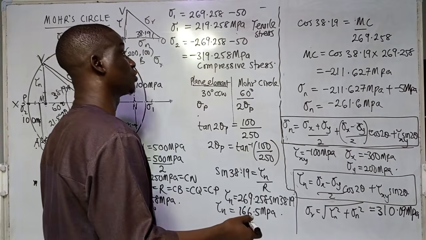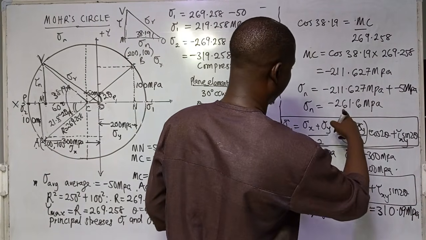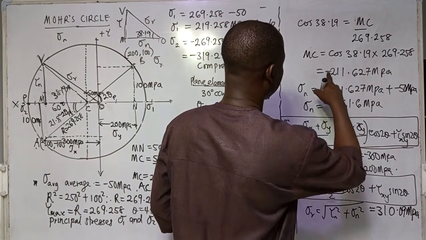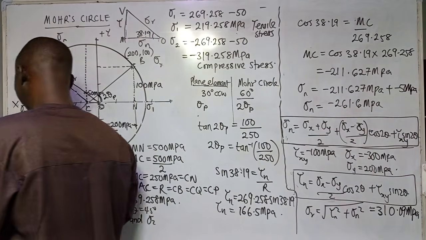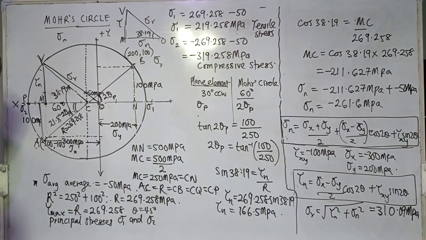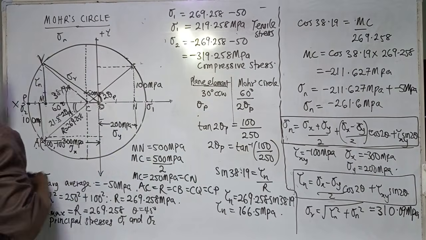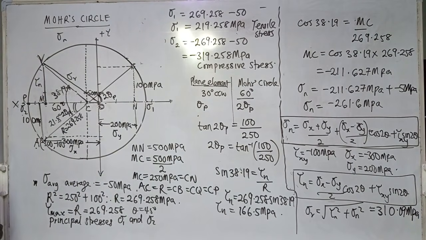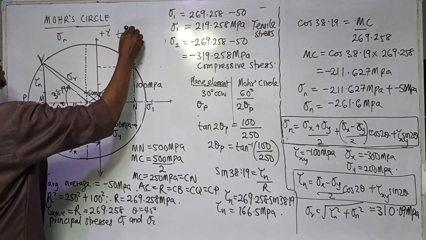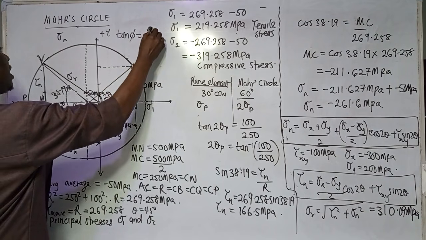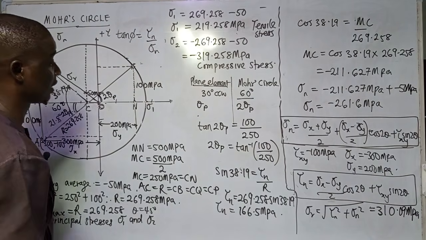To get the direction of the resultant, you just use your normal tan φ equals τn over σn. You get your φ, the direction for the resultant.